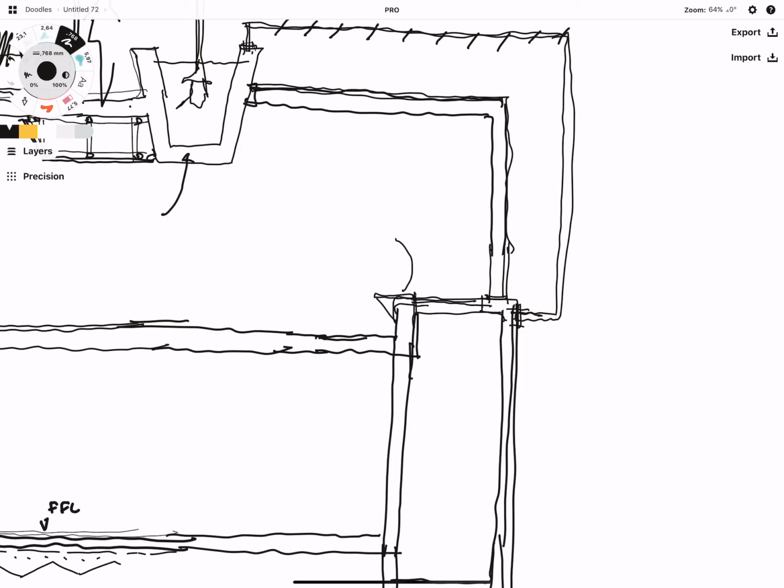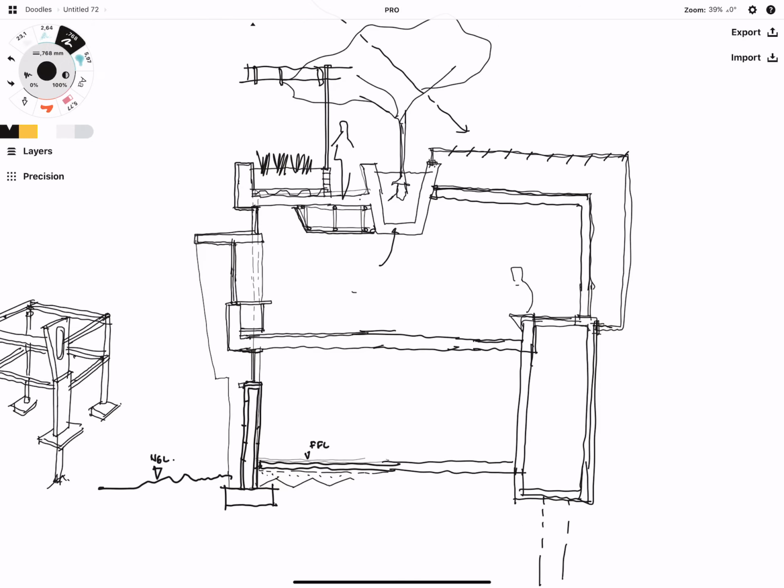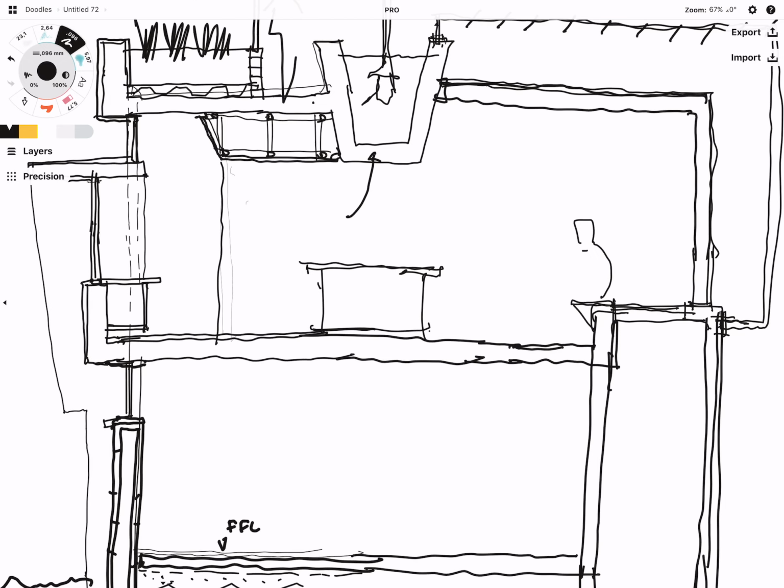It's also a storage system with the back.